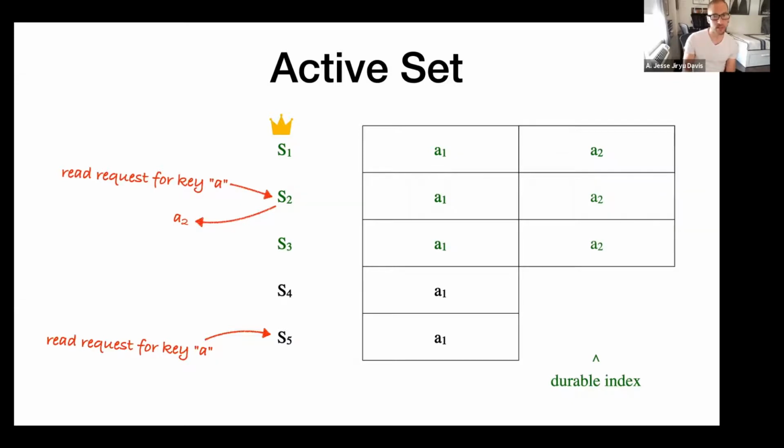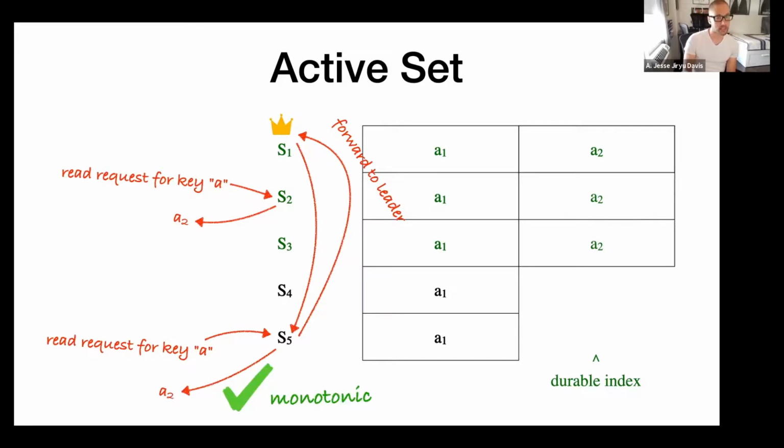It just says that it's prohibited. I think it would be reasonable for this member to forward to the leader, or try to if it's not partitioned, and then forward the leader's reply. And then this would also be monotonic. So I think that's pretty clever.